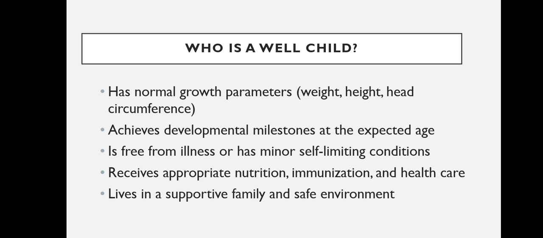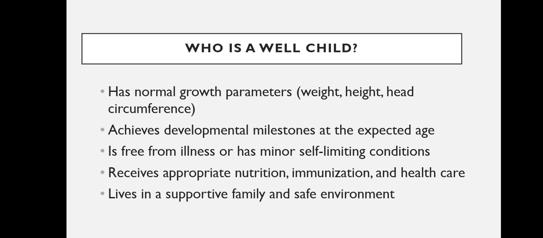Apart from that, a well child is a child who achieved developmental milestones at the expected age. So with a well child, we are looking at all developmental milestones, things like sitting, growing, speaking, standing, walking, running. These are what we call developmental milestones. Is the child able to sit at 6 months, at 7 months?